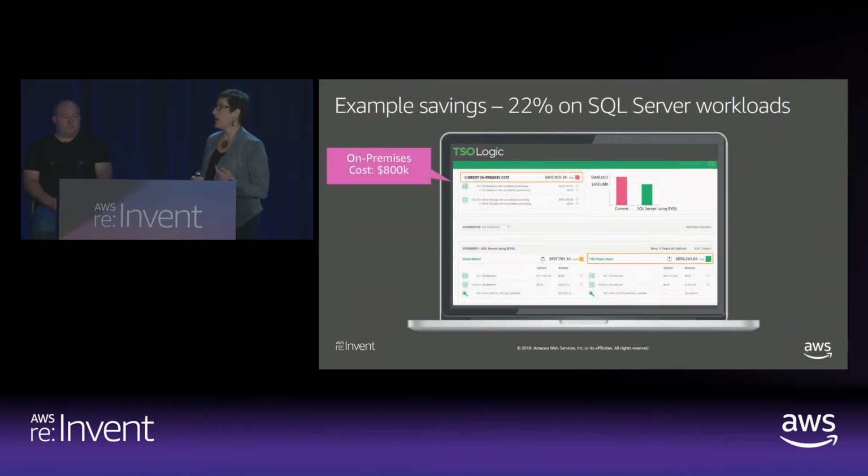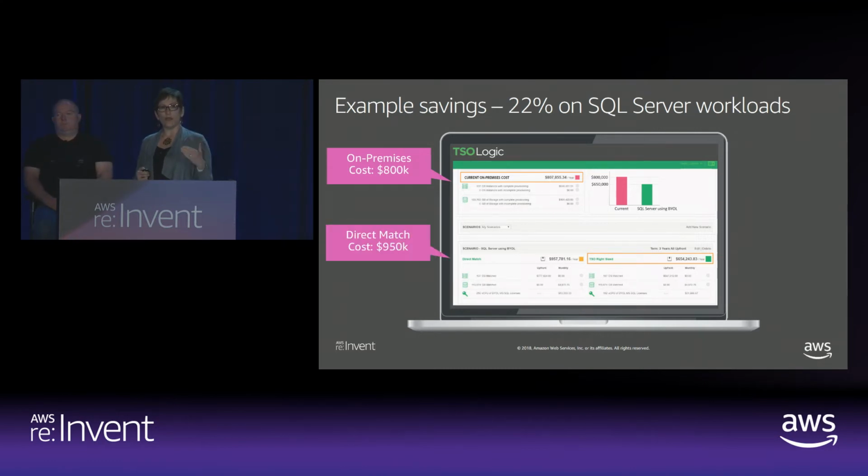We worked with another large US customer with over 70,000 employees. We found that when we were looking specifically at their SQL Server workloads, they were spending over $800,000 per year for that workload. If they would have directly matched those configurations in AWS, it would look like their cost of coming to AWS for those SQL Server workloads was actually going to go up.